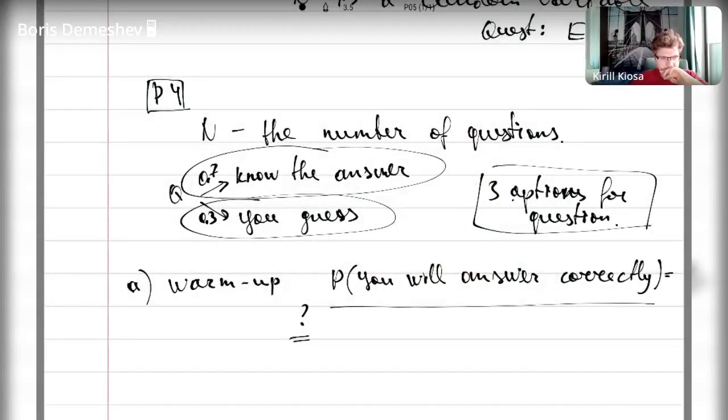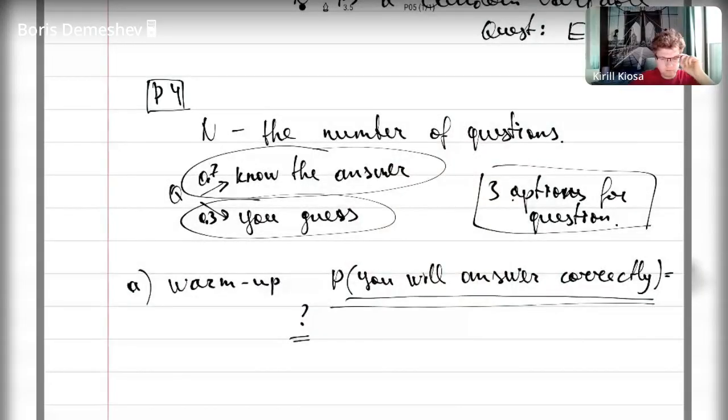Can we say that this is the same as knowing the answer, given the fact that this is the question, like this conditional probability? No, that's not a conditional probability, because you can answer a multiple choice question correctly both when you know the answer and when you don't know the answer.